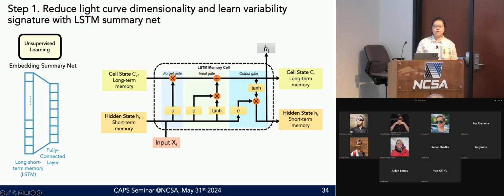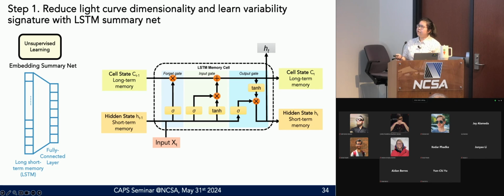The light curve itself is a 180 by 7 array, so it's giant, and we want to get 3 black hole parameters from that. The mapping from this high dimensional light curve to the 3 black hole parameters would not be very efficient according to the current structures of machine learning networks.